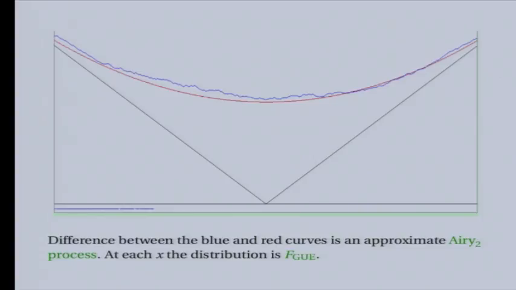Basically the law of large numbers is this parabola, and this is the height function. The difference between the height function and this parabola, after subtracting the mean behavior, is what's called the Airy process. So this would be an approximate Airy 2 process. And the height at each point, that difference, is approximately GUE. It's true at every point, so if I look along this parabola, that's GUE.